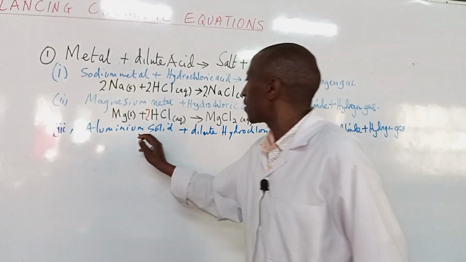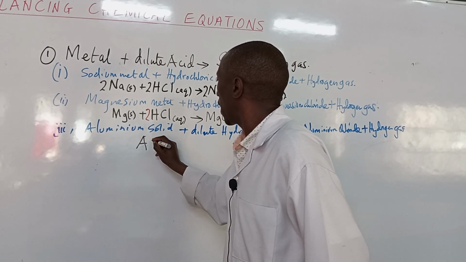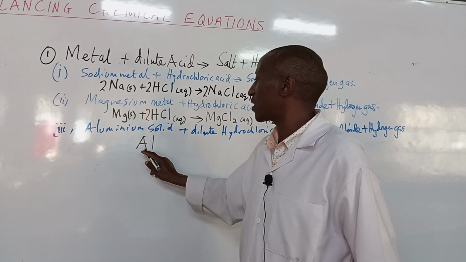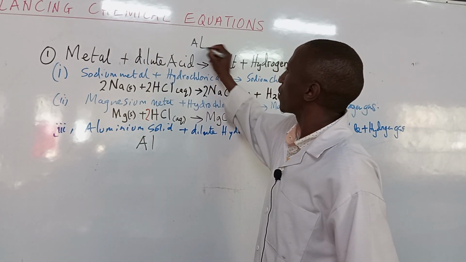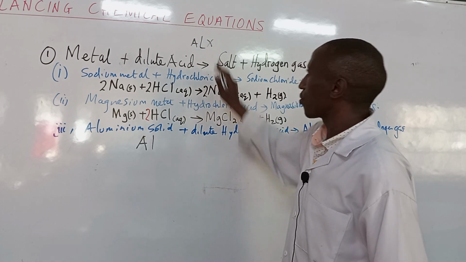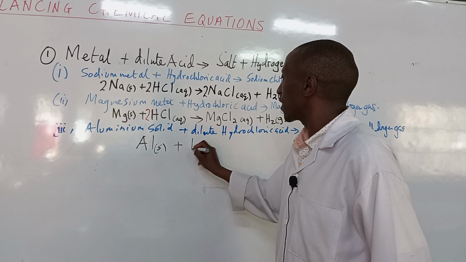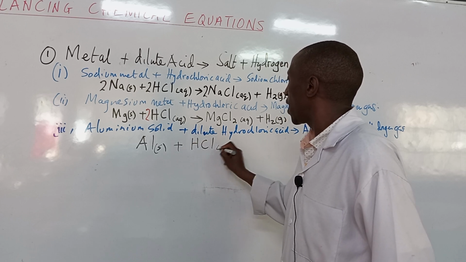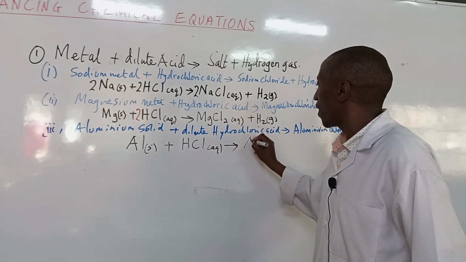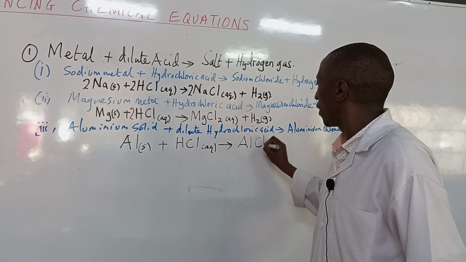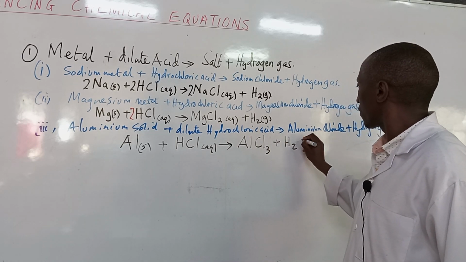You find that symbolically, aluminium is Al. The l is a single letter. We do not write aluminium as so. That is wrong. Right, so we have it in solid form plus HCl aqueous, and that gives us aluminium chloride and hydrogen gas.